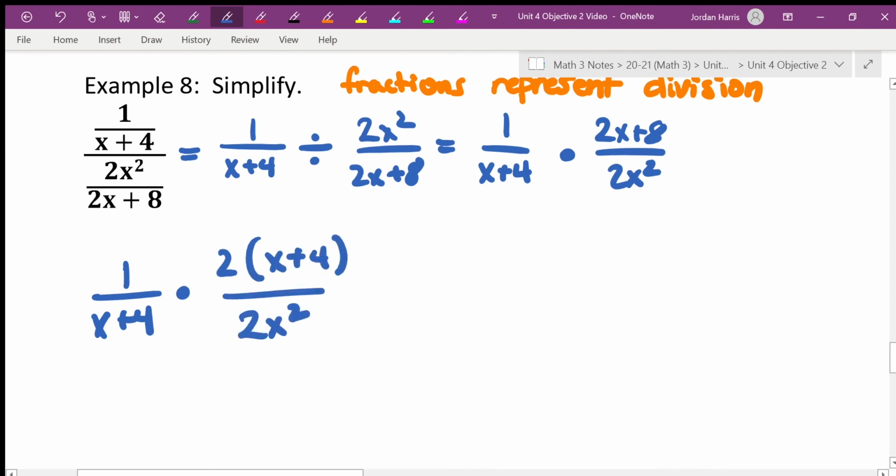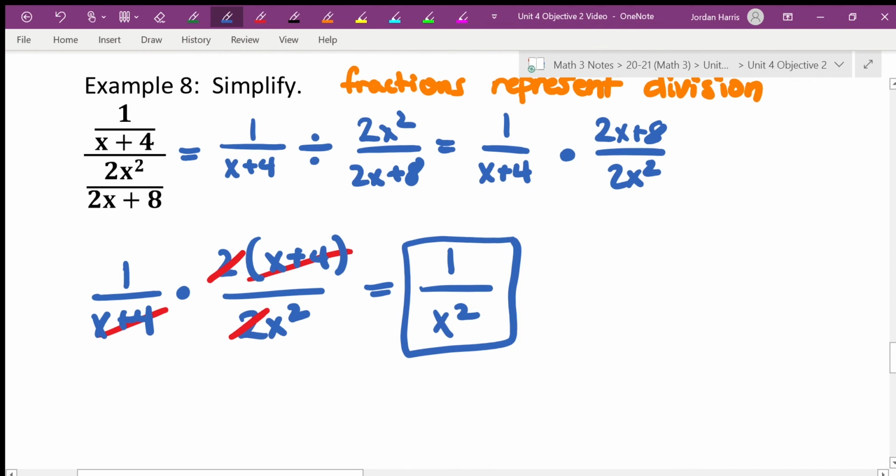And that's it. Okay, the x plus 4's simplify. They're exactly the same. Remember, these are not stuck together with a plus or minus, so I can simplify. And so I'm left with a 1 on top and an x squared on the bottom, and that is it. We're done. 1 over x squared.